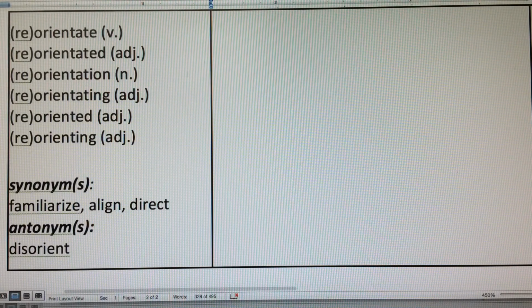Let me give you some examples as well as go over these pronunciations. So we have reorientate. And orientate and orient are basically the same. Orient, orientate, they're both verbs. Orientated, orientation, orientating, oriented, and orienting.